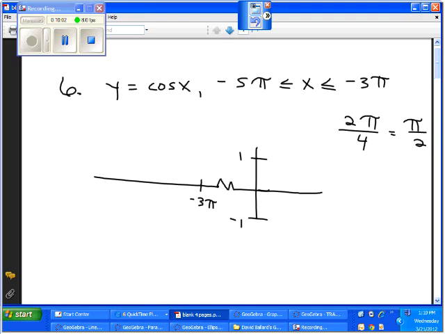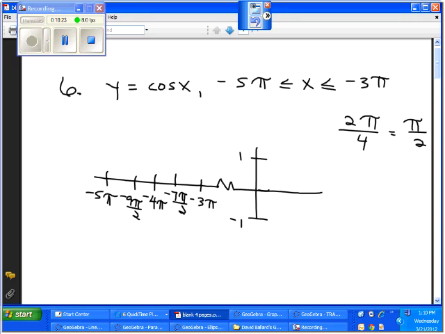So that's like negative 6 over 2. Negative 3 is negative 6 over 2. So then negative 7 pi over 2. Negative 8 pi over 2, which is negative 4 pi. Negative 9 pi over 2. Negative 10 pi over 2, which is negative 5 pi, right? We're reducing by pi over 2.